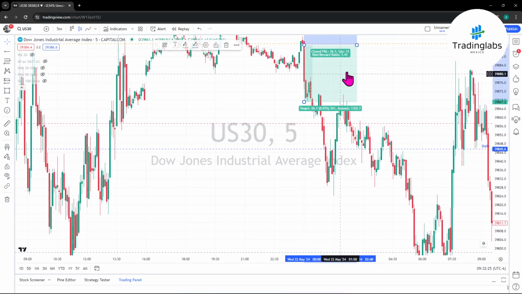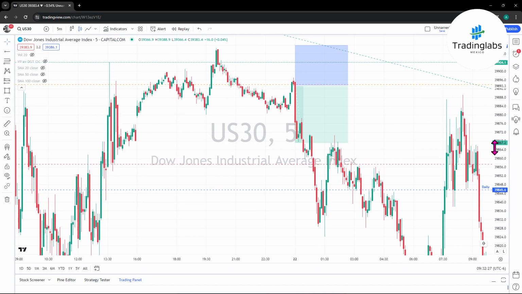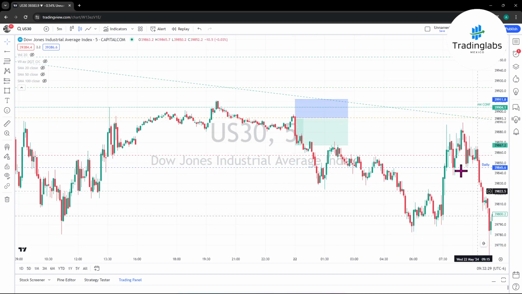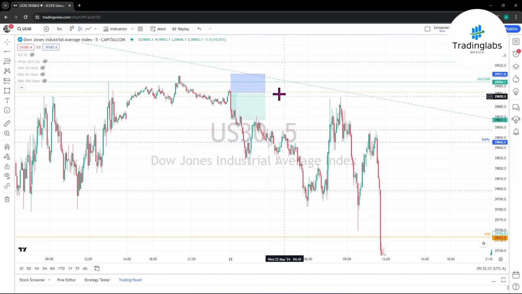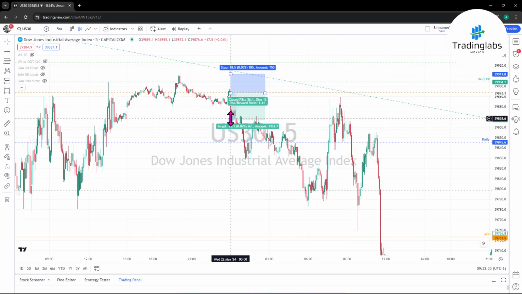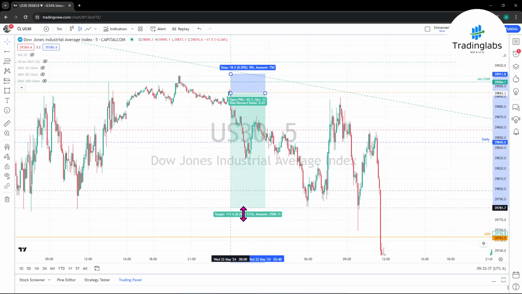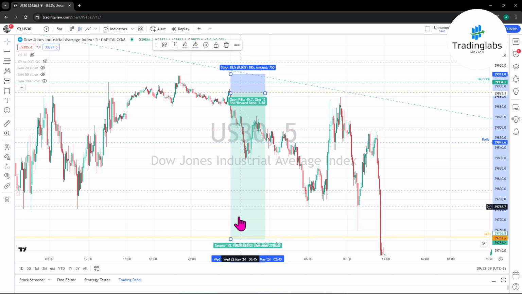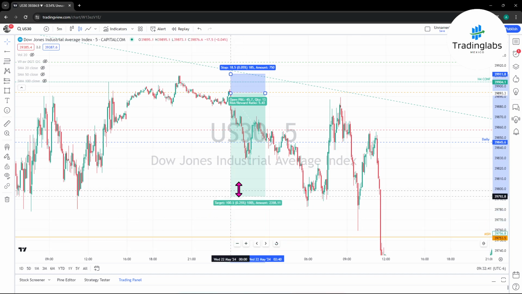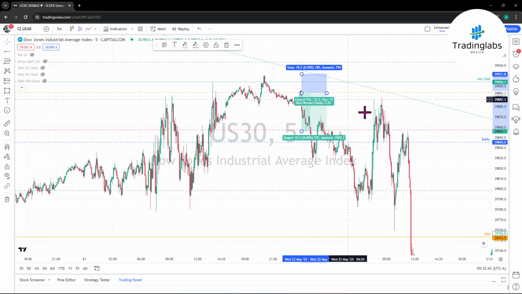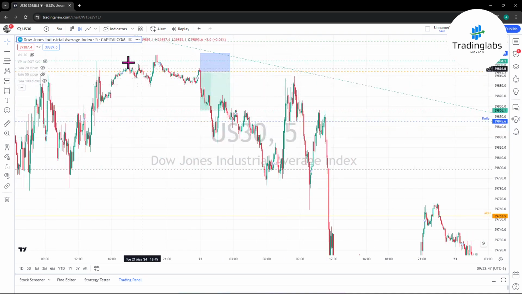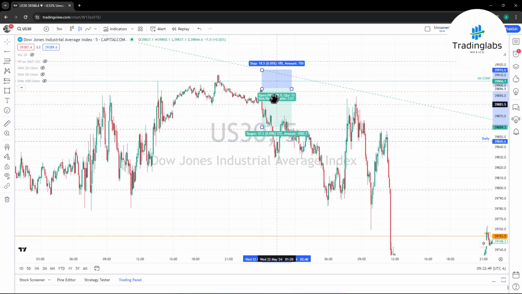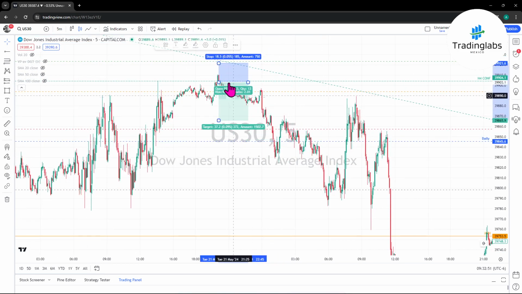Also, it comes a retest. Always the market wants to retest the area. So that's why you have to keep your targets. You can do here 142 pips, whatever.